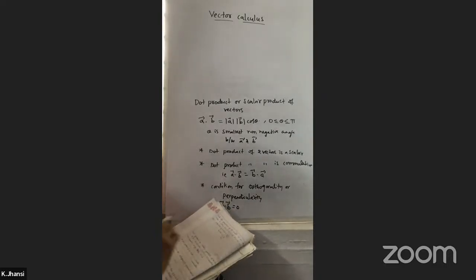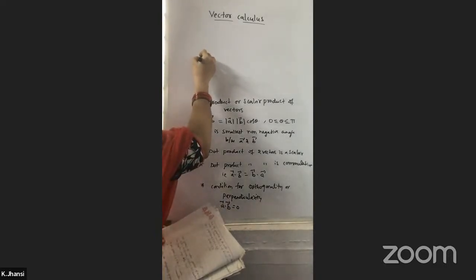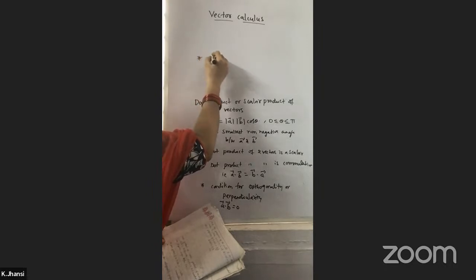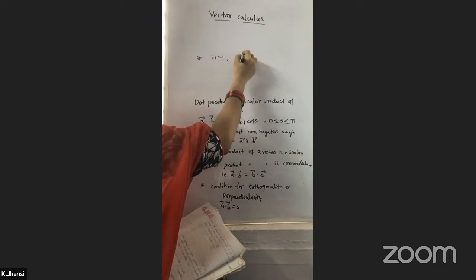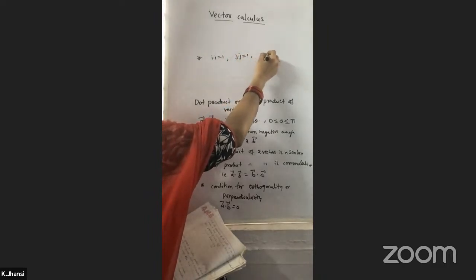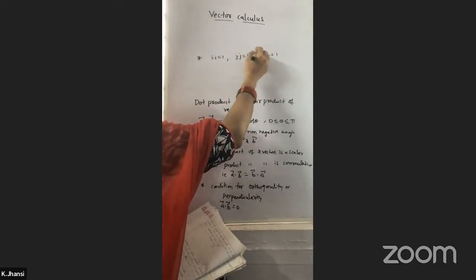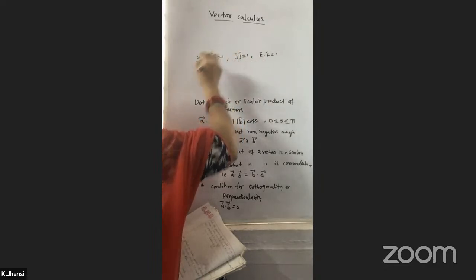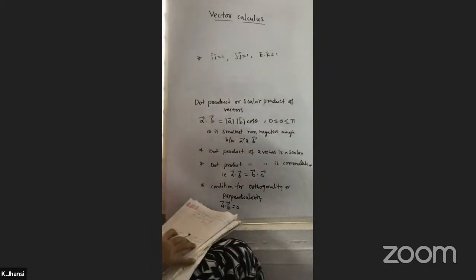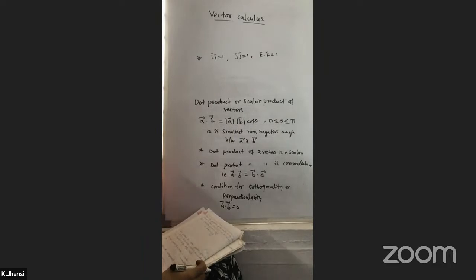And you should remember these conditions also. In the dot product, I dot I is equal to 1, J dot J is equal to 1, K dot K is equal to 1. The dot product of two same vectors, that is I dot I or J dot J, K dot K, is equal to 1.